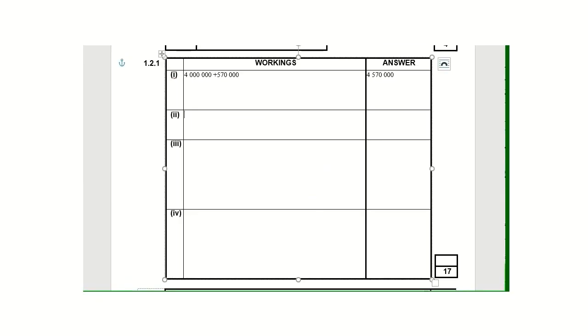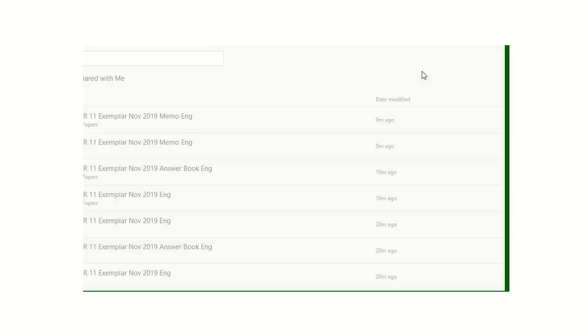Let's just get a clean sheet. Okay, so the formula to calculate cost is the opening balance, plus additions, minus the cost of the item sold or disposed of, and that gives me the balance at the end.